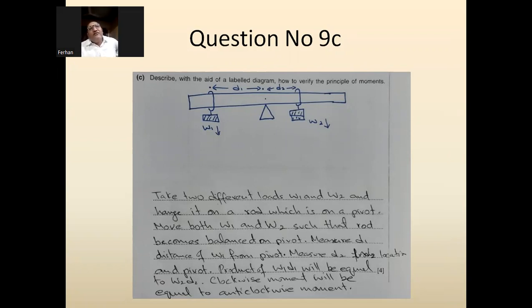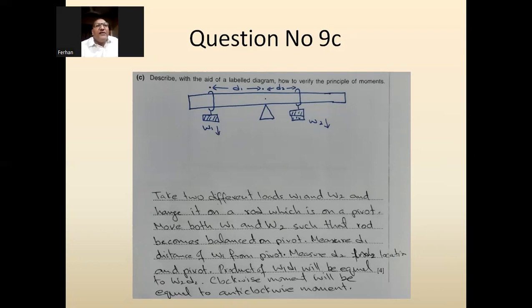I have taken a known weight W1 and hung it with the help of a thread on the left side of the pivot, and W2, whose weight is known, I have hung with a thread on the right side of the pivot. And then I have moved W1 and W2 in such a way that the rod has become balanced on that pivot.